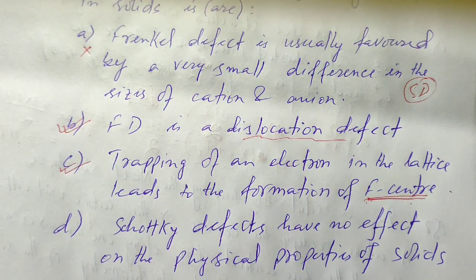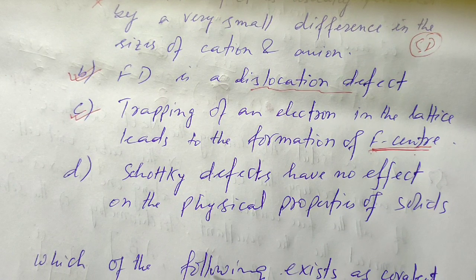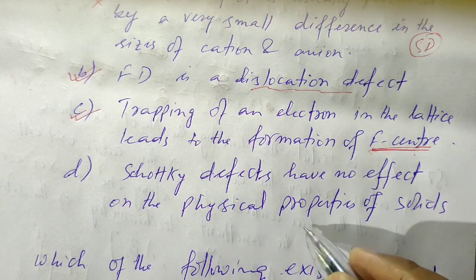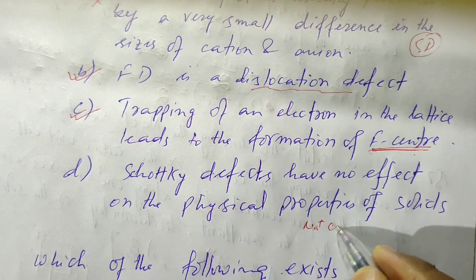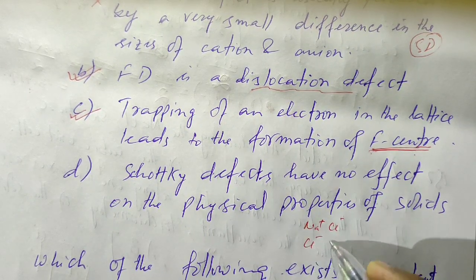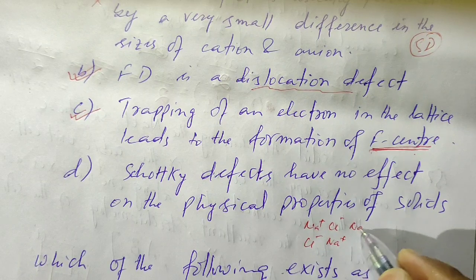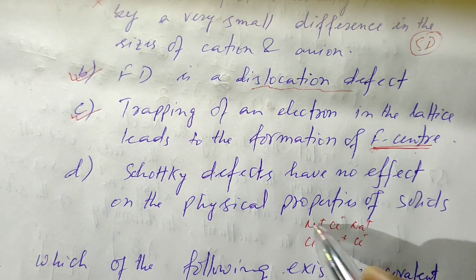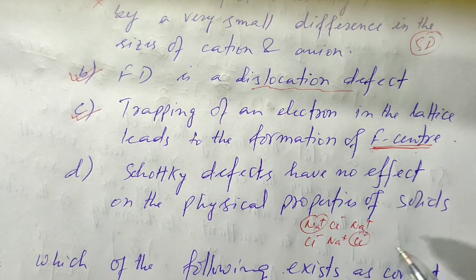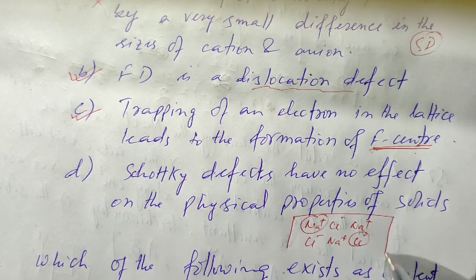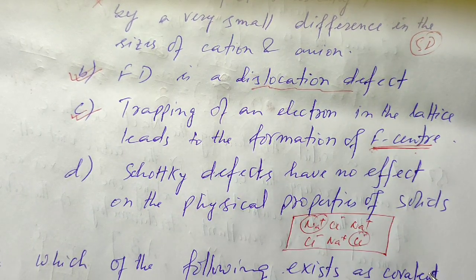Now the last option is Schottky defects have no effect on physical properties of solids. Schottky defect is nothing but, in Na plus Cl minus Na plus Cl minus, one cation and one anion, or two cations and two anions, means equal numbers of cations and anions will be missing from the lattice site in case of Schottky defect.